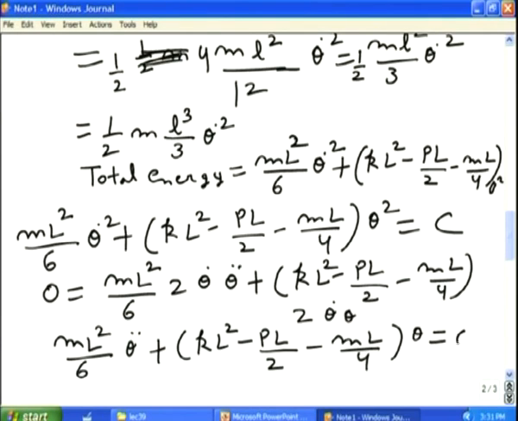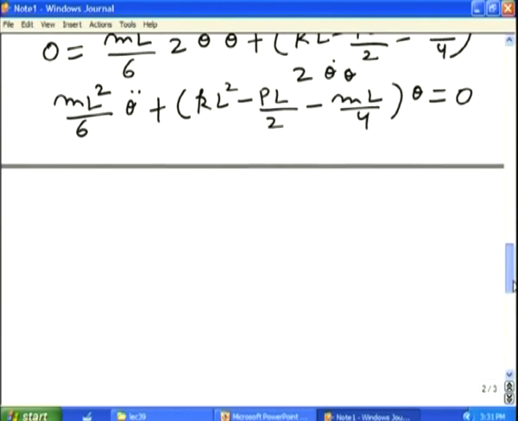Now observe this expression that you have written: ml square by 6 theta double dot plus KL square minus PL by 2 minus ML by 4 theta. Compare this expression with mx double dot plus kx equal to 0. When you compare, you notice that k was positive, and only then we got this.